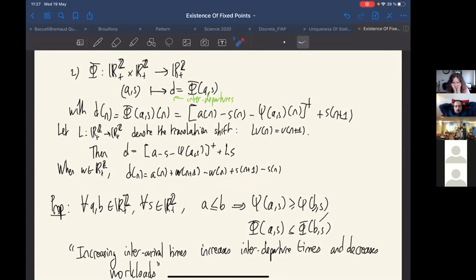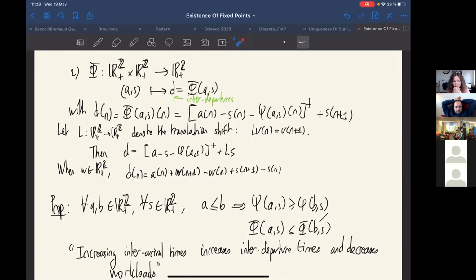This gives you a rigorous framework to study the interdeparture process as a function of the interarrival process, which is exactly what we're interested in, because what we're doing, and this is my next slide, is studying the fixed point for this mapping.